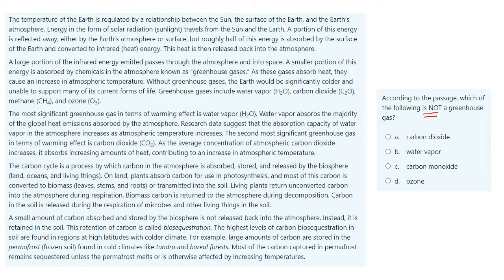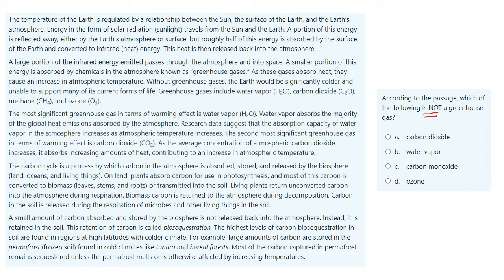Energy in the form of solar radiation, that's sunlight, travels from the sun to the Earth. A portion of this energy is reflected away, either by the sun's atmosphere or the surface, but roughly half of the energy is absorbed by the surface of the Earth and converted into infrared, that is heat energy. This heat energy is then released back into the atmosphere.